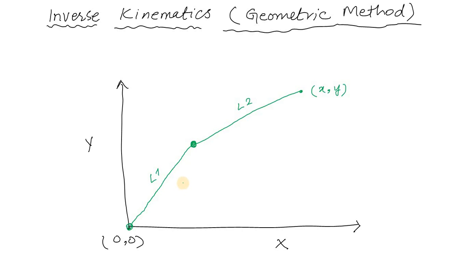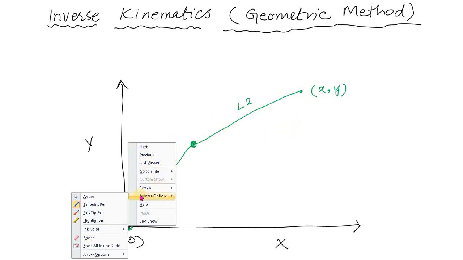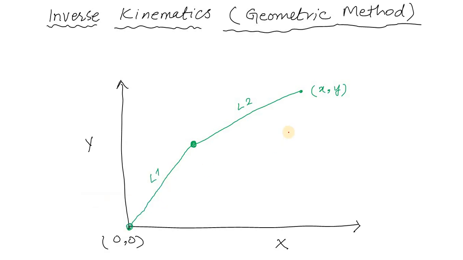Yeah, it looks better. Okay, so this is the robot. Here you see that this is your y coordinate, and here is your x coordinate.